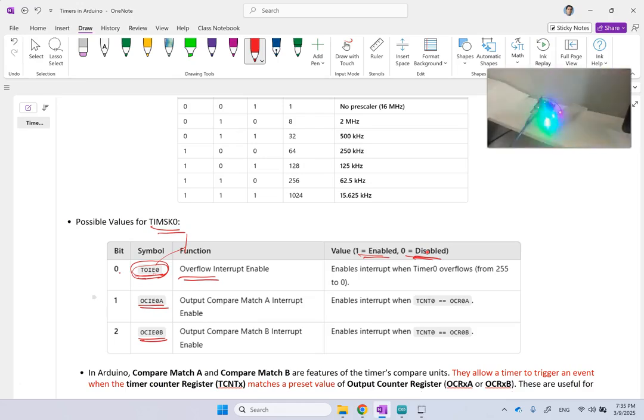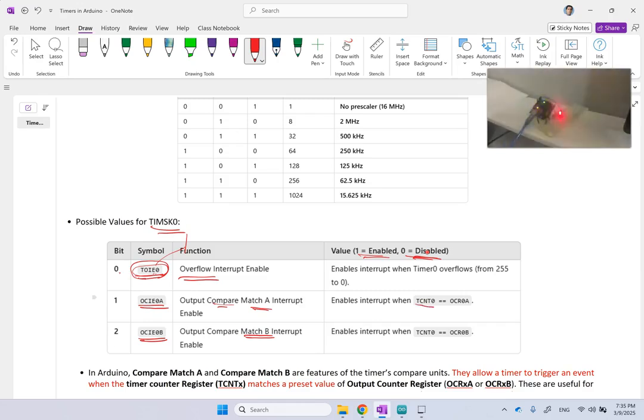Now, when you run it in CTC mode, what is CTC? I'll tell you in a second. When you want to do CTC or compare mode, then you can do it with basically match A, or you can do it with match B. You can compare your counter to 2 separate variables, and with those you can get 2 separate interrupts.